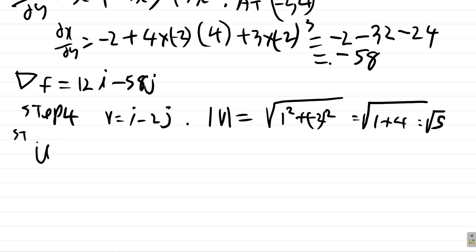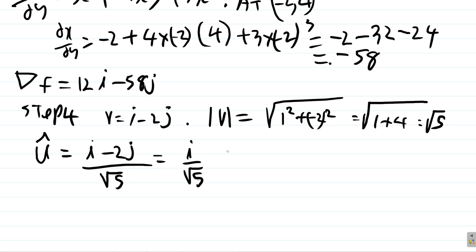Let's call this step, oh, we're still at step 4. So the unit vector is going to be i minus 2j divided by its magnitude, square root of 5, which means i divided by the square root of 5 minus 2 divided by the square root of 5 j.